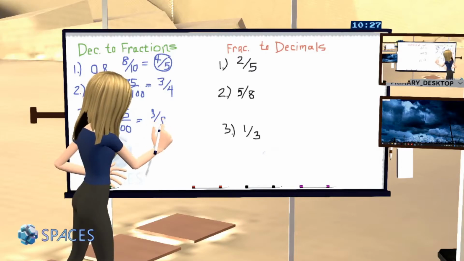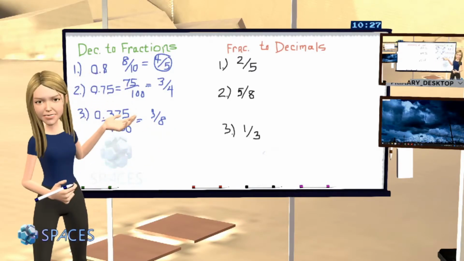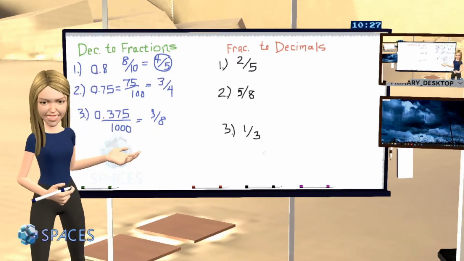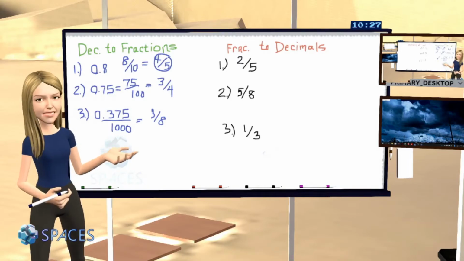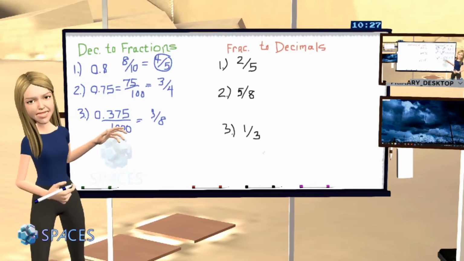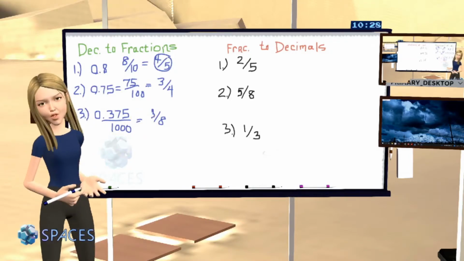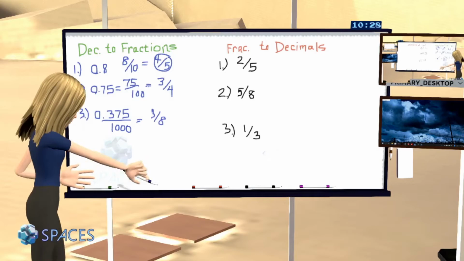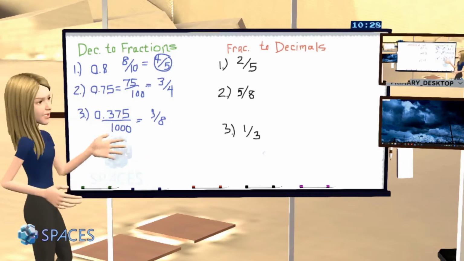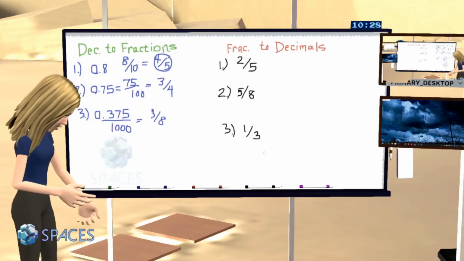And again, you can get there by dividing the top and bottom by 25, and then you would have to divide by 5 again. Or if you just divide both of those numbers by 125, you will get 3 over 8. All right, so let's move on to fractions to decimals.